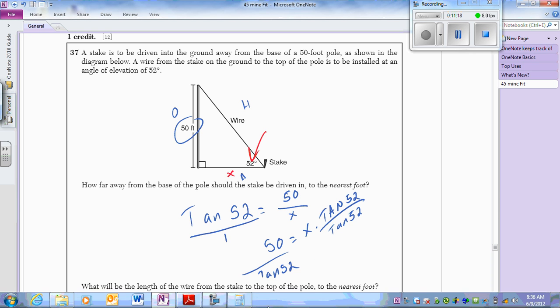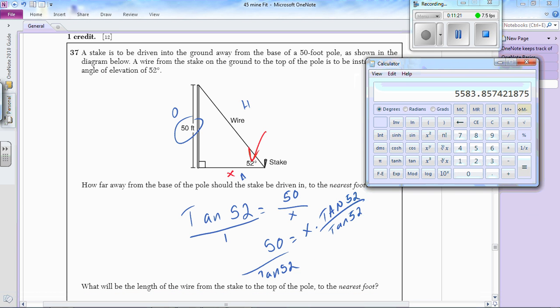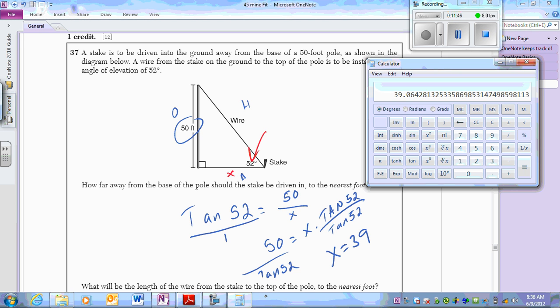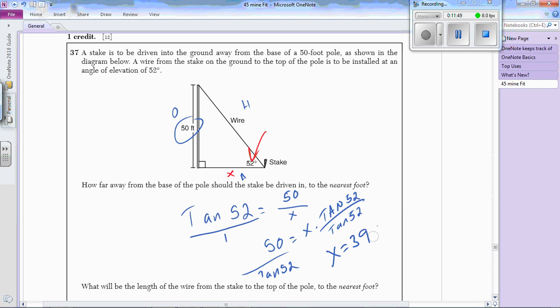I have to do some really crazy stuff on this calculator. 50 divided by tan 52 equals 39.06428. So x equals, to the nearest foot, 39 feet.